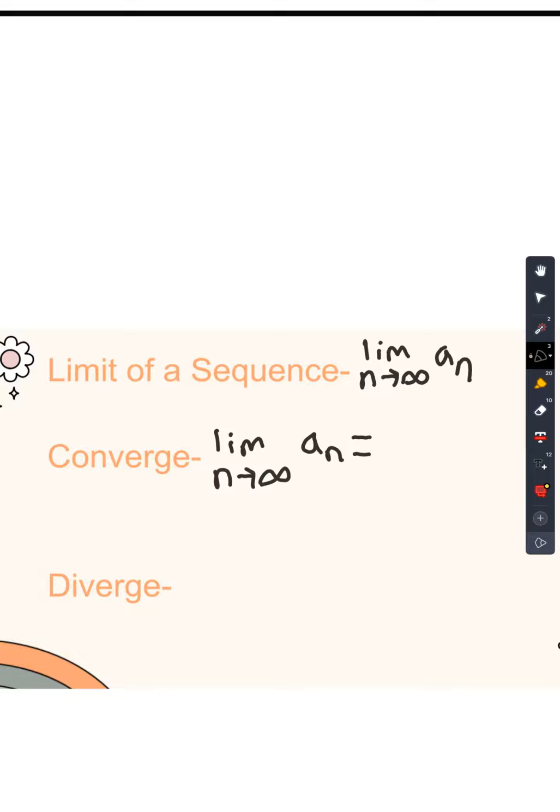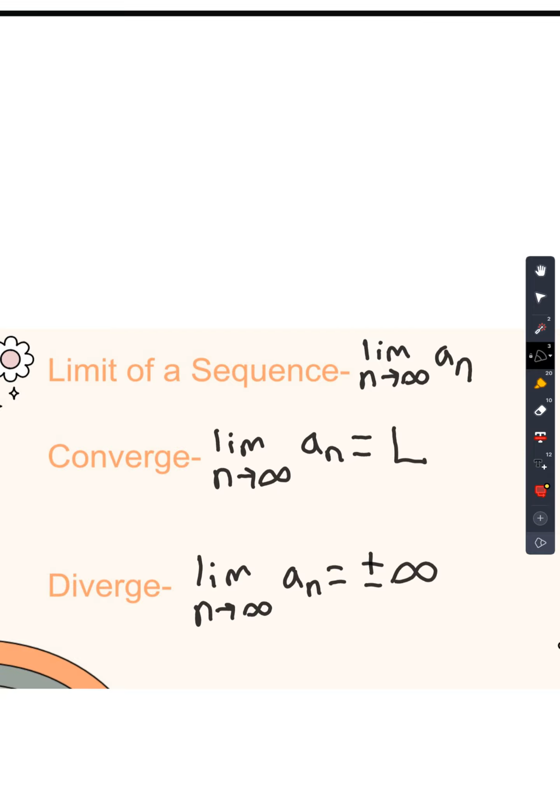This is similar to what we did with our improper integrals. So if my limit exists, we can say that the sequence converges. Now, if my limit does not exist, we're going to say that that sequence diverges. And in that case, I would either get a positive or negative infinity.